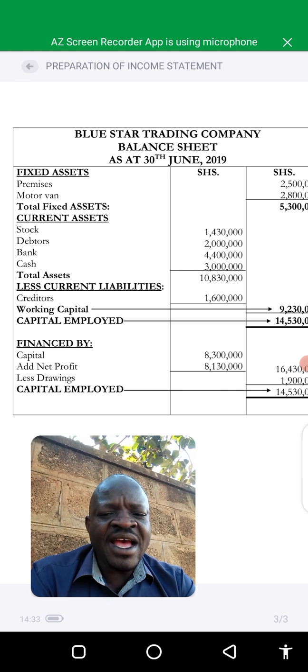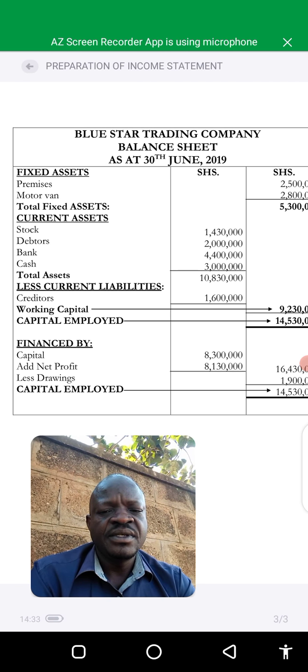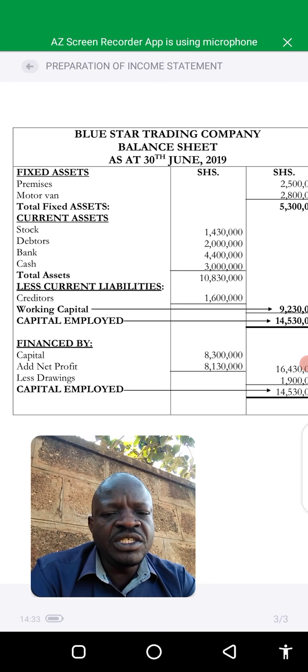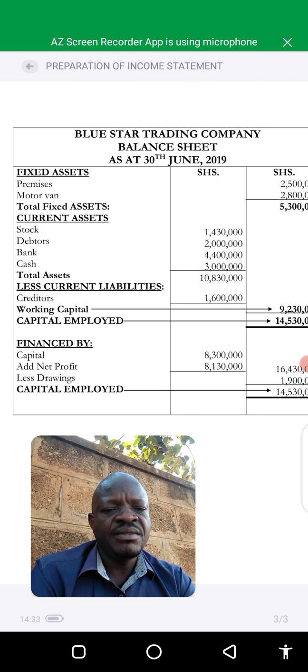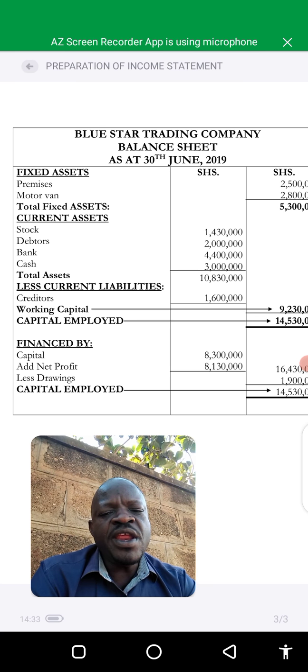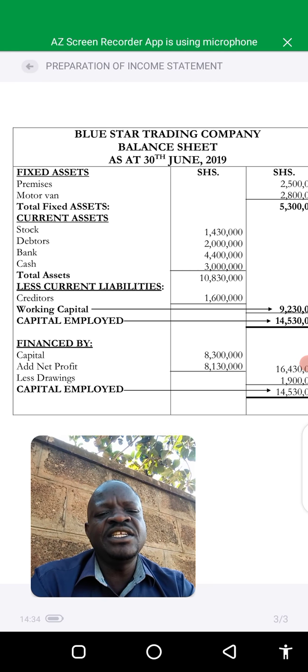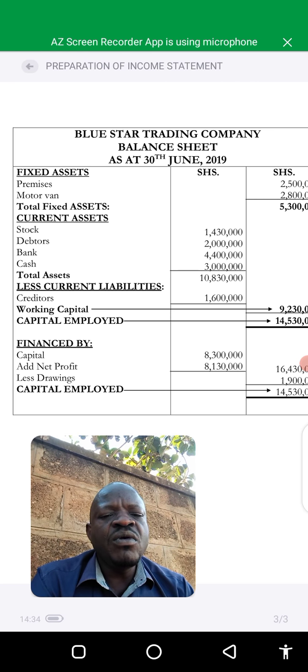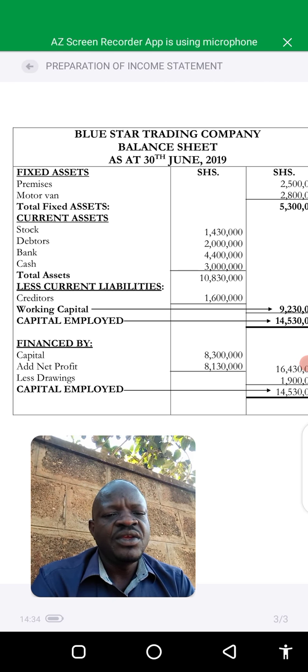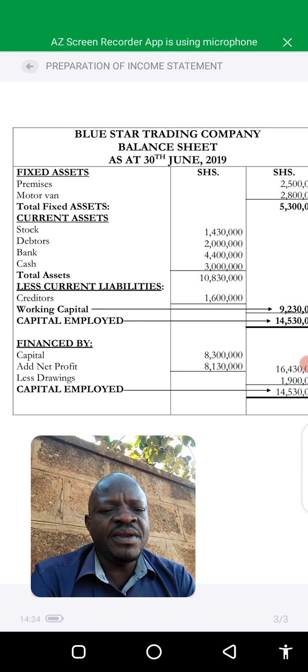And when we add capital plus net profit, we are getting 16,430,000. From there we shall minus drawings of 1,900,000.